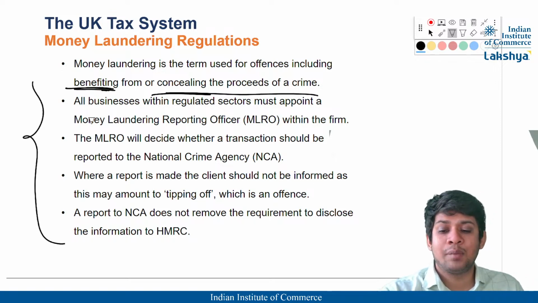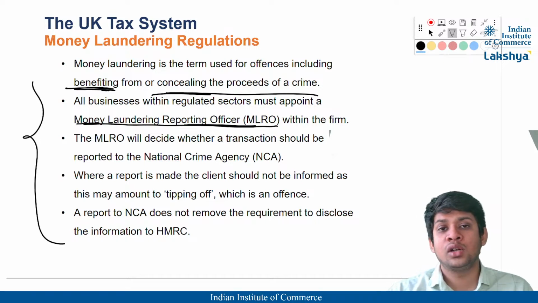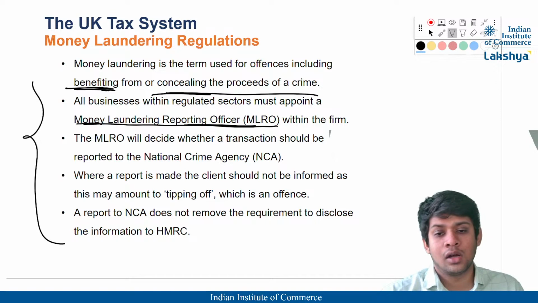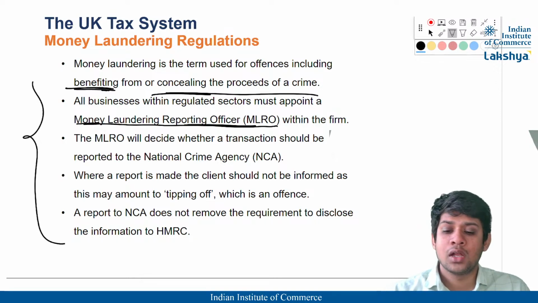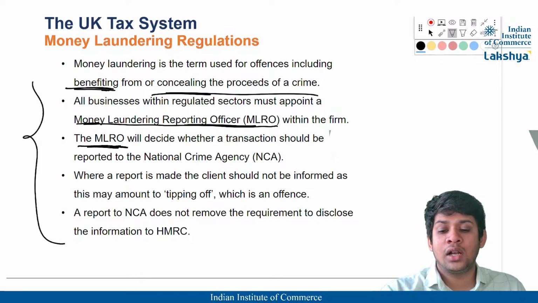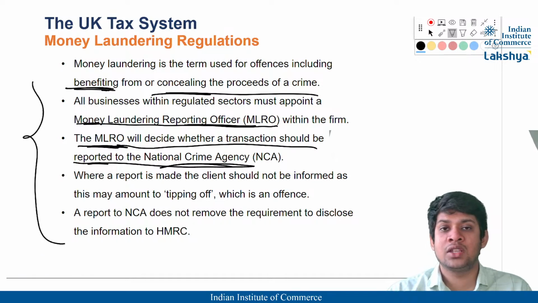Okay, so there is a money laundering reporting officer who is appointed mostly by all the companies to ensure that the officer looks into the company's incomes and gives a result that yes, the company is not doing any money laundering activities. The money laundering reporting officer will decide whether the transaction should be reported to the National Crime Agency.